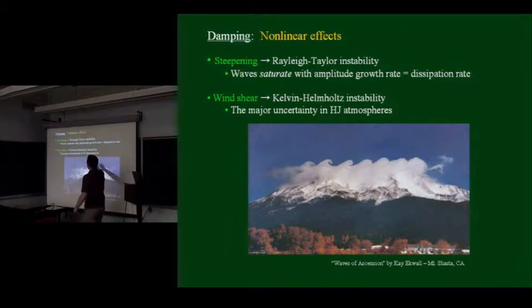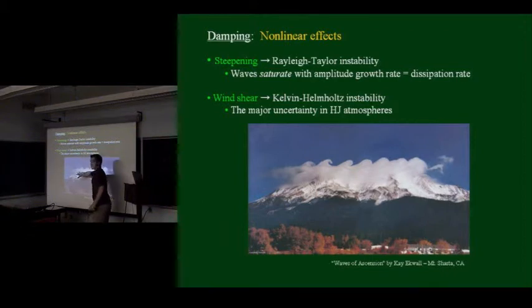The major uncertainty in all this business is instability due to wind shear. In this photograph here, what you've got is an air mass passing over this mountain, and once again, as it moves over the terrain, it excites a gravity wave that's propagating upward into this cloud bank. But then, because the wind has wind shear, I think the wind is moving faster down here than up here, you get this characteristic Kelvin-Helmholtz instability.